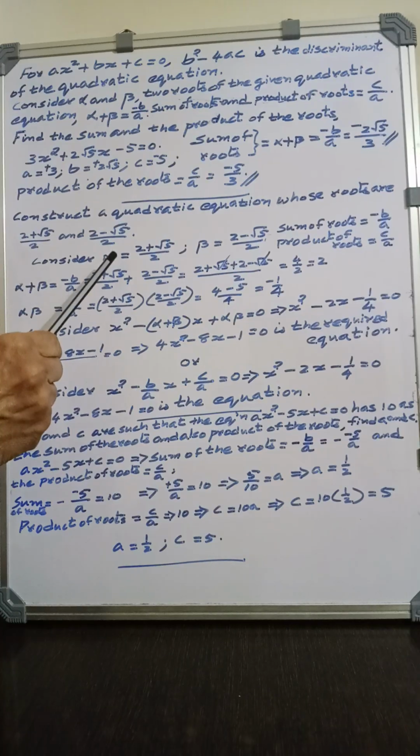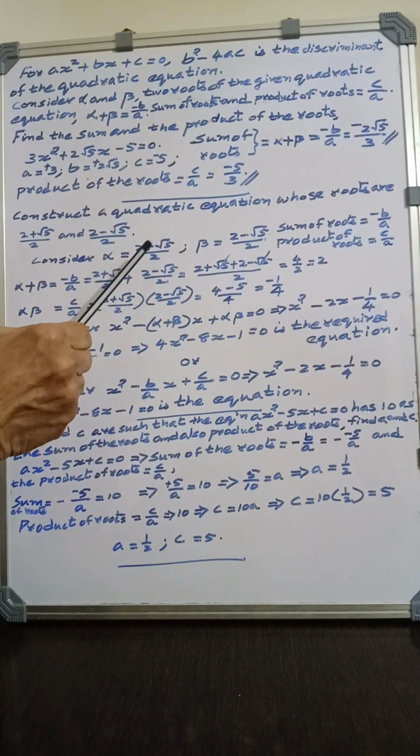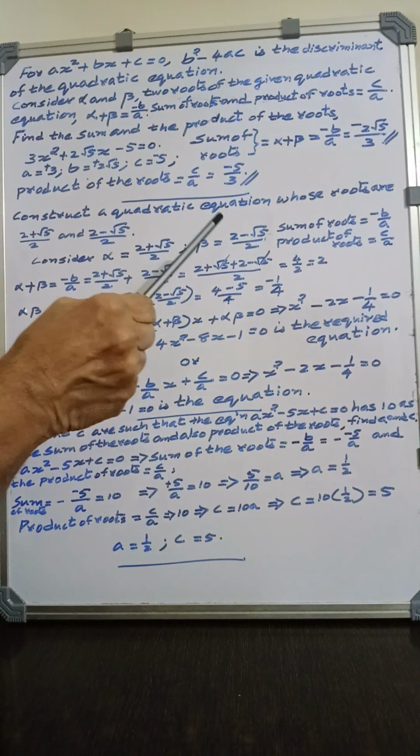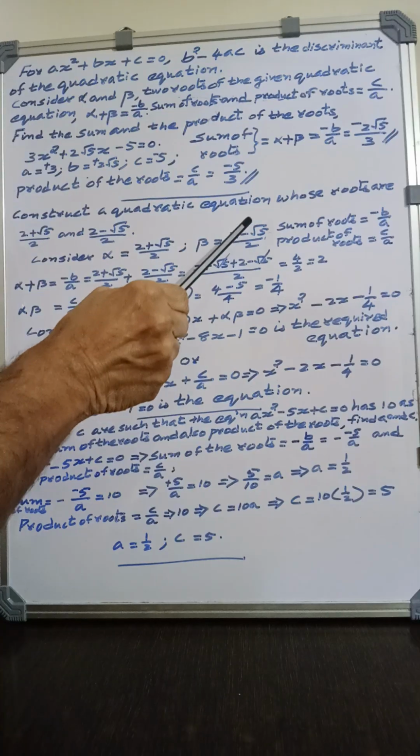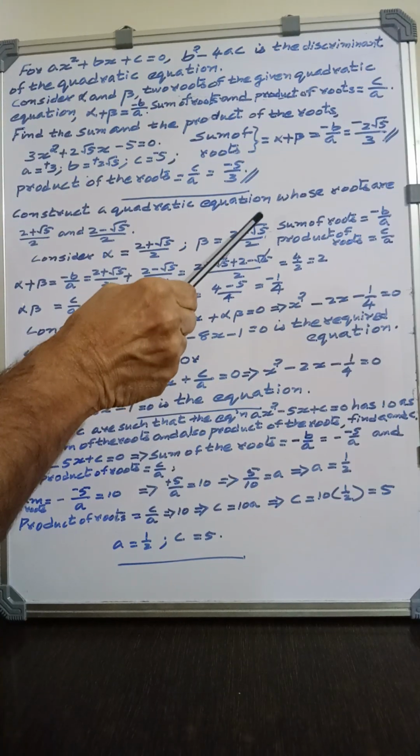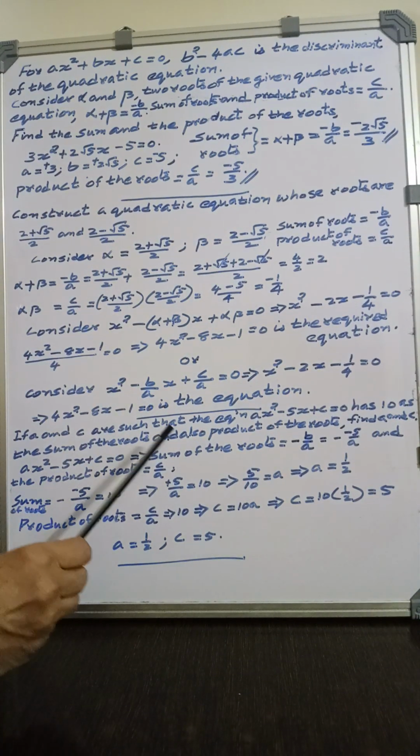That is, alpha, the first root, is (2 + √5)/2, and beta equals (2 − √5)/2.